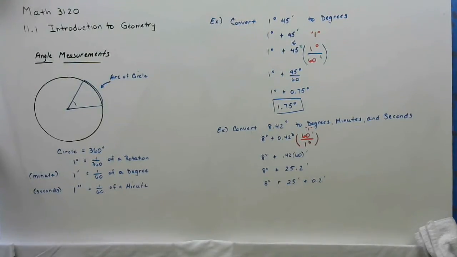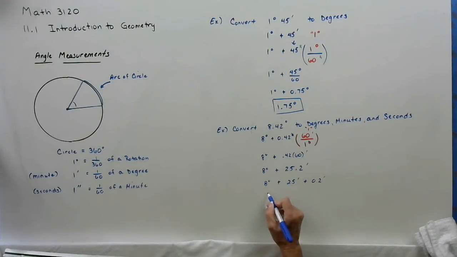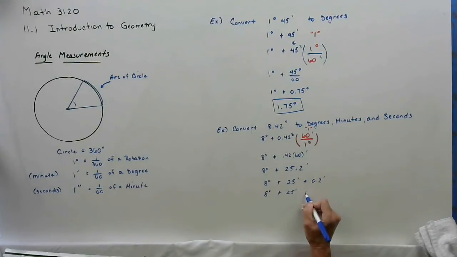So now I'm going to convert the 2/10 of a minute, because that's less than 1, to seconds. So, 8 degrees, 25 minutes, and now I need to convert 0.2 minutes into seconds.